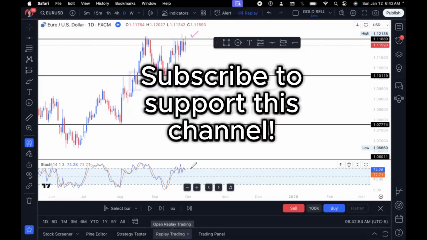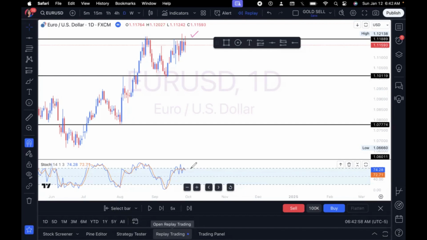It's facing down. Is my blue line or my orange line on top? It's too hard to tell, so that's no confirmation. And has the stochastic crossed above or below any of the dotted lines? It's crossed below the top dotted line. We have three strong confirmations for a sell.